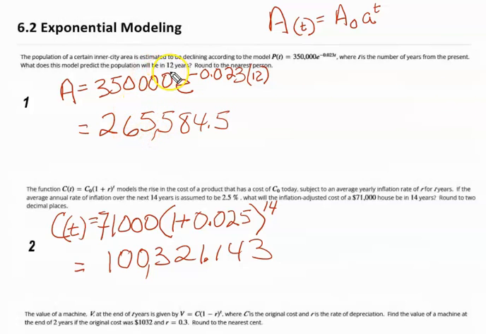Now here, noting that it was a declining population because of the negative exponent, notice it went from 350,000 to 265,000, indicating a decline. So this number would seem reasonable.